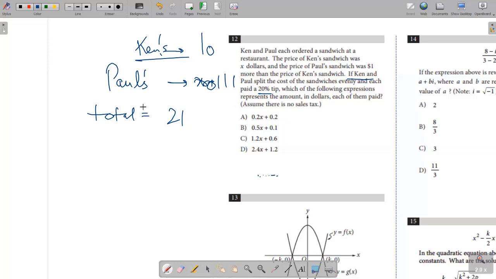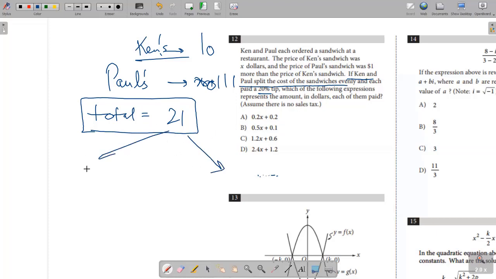Okay. So first of all, they have calculated the total cost, $21, and then they have split the cost of the sandwiches evenly. So we'll do 21 divided by 2. That is 10.5. Correct.